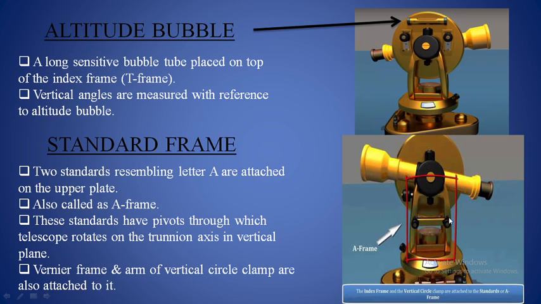This indicates the letter A, so this is also called the A frame, and this is also called the standard frame. This standard frame is attached to the upper plate, and it is going to support the telescope and vertical circle. The horizontal axis passes through the A frame.